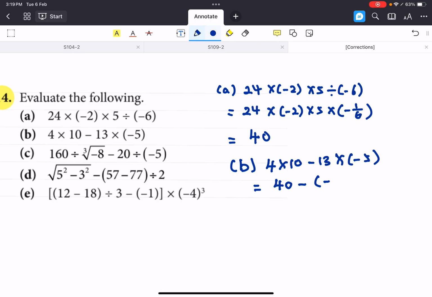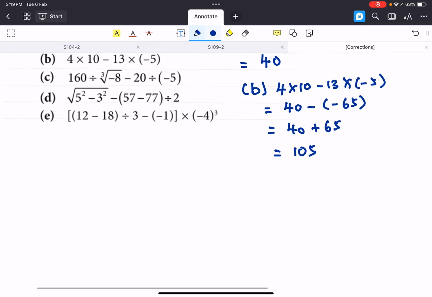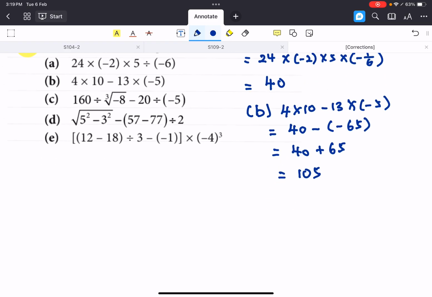So 13 times negative 5 gives us negative 65. So this is 40 plus 65, which gives us 105. Now do I have space for part C? Yes, I can do part C here.